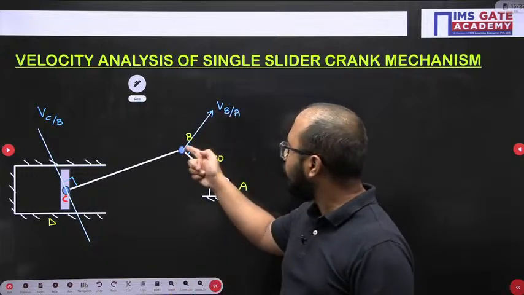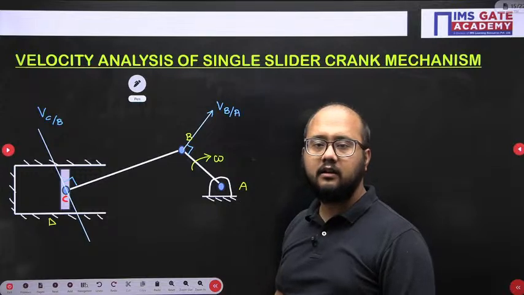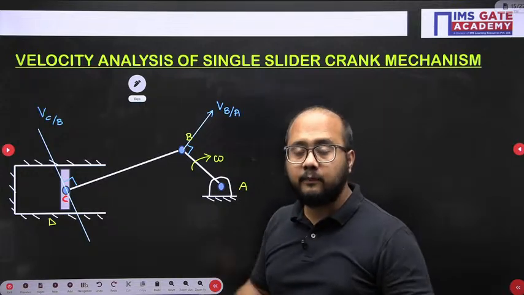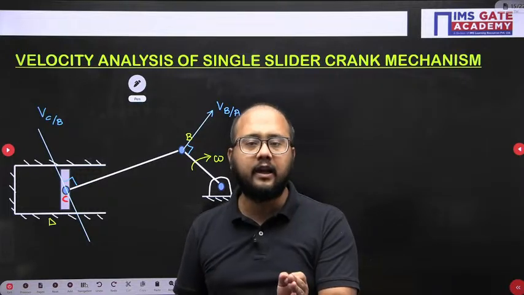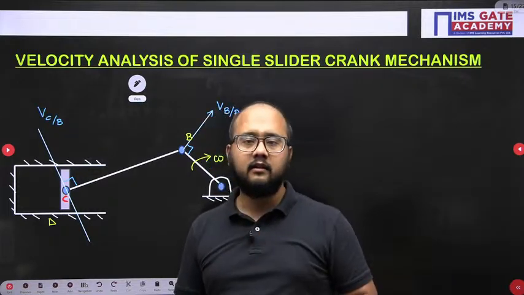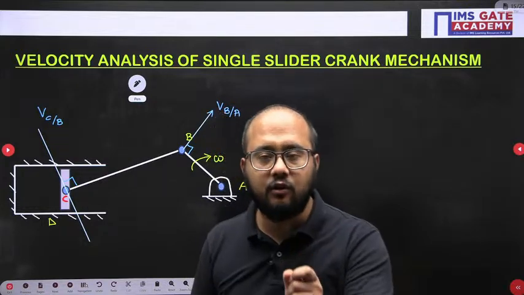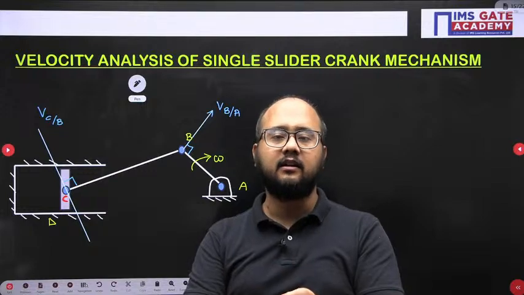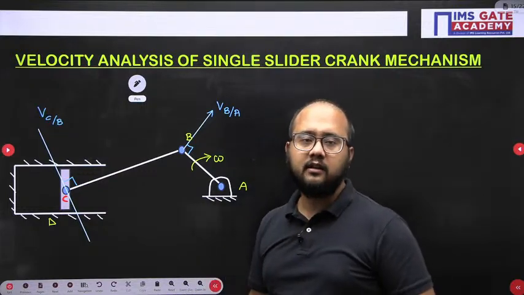Here B is rotating with respect to A, that's why the velocity vector is perpendicular to the link. So the basic point is we need to understand the motion of a link with respect to another link, and for that we need to know how both the links are connected.